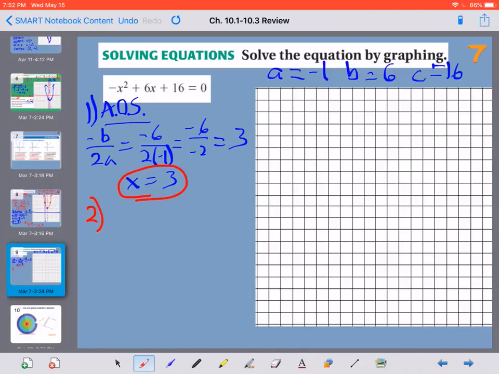Second comes the vertex. For the vertex, I'm going to put what I found back into my equation. So I'll have negative 3 squared plus 6 times 3 plus 16 equals y.